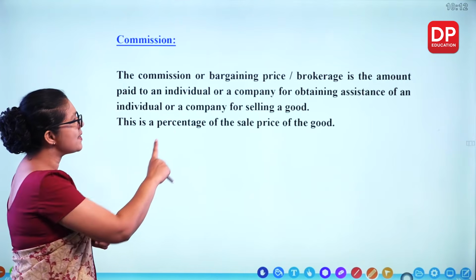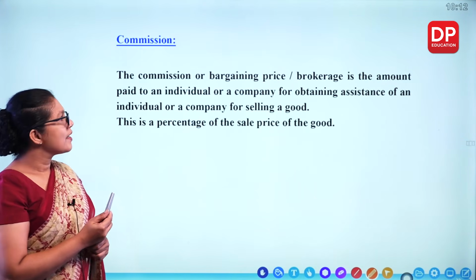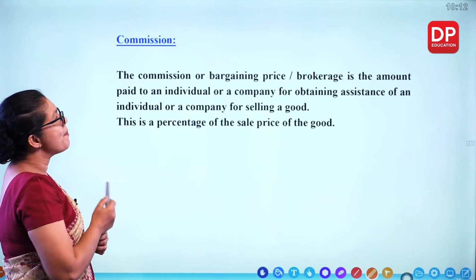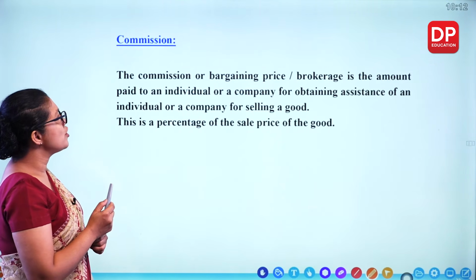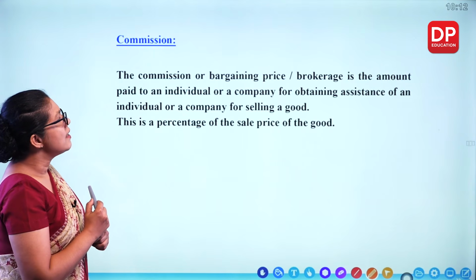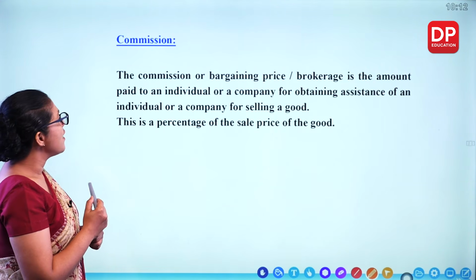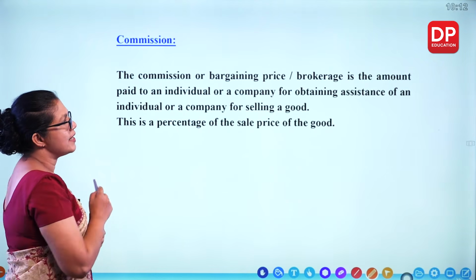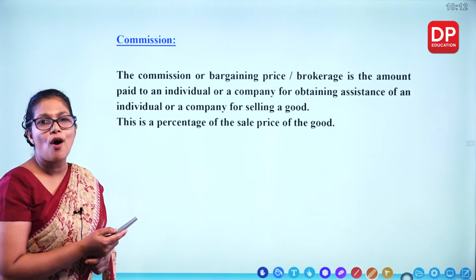Normally, it's a percentage of the sale price. So the commission or brokerage is the amount paid to an individual or a company for obtaining assistance in selling a good. This is a percentage of the sale price of the good.